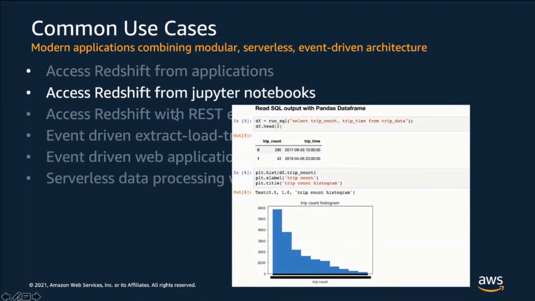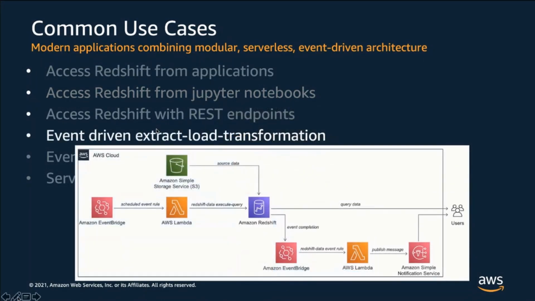Let me move to the next use case, which is designing an event-driven ELT pipeline. Let me start with an example. Say an external vendor sends you data periodically. As soon as the vendor notifies you about the data publish, an event gets generated in Amazon EventBridge to trigger a Lambda function.